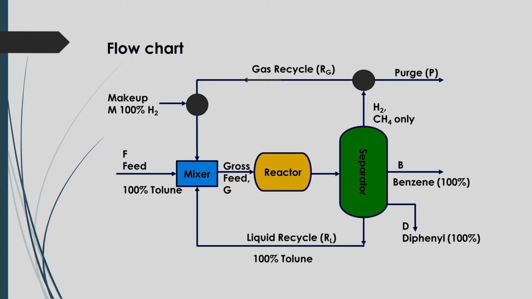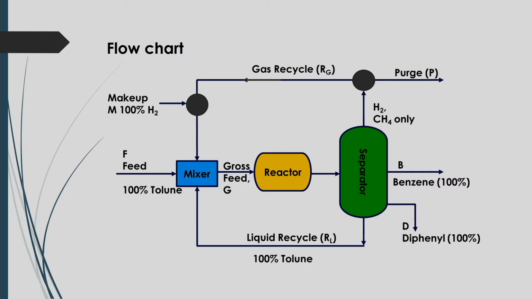Here in this slide, the flow chart of the process is given. See that in the mixer, the feed coming in is pure toluene, and in this mixer some gas also enters as gas recycle along with its makeup, and liquid recycle also enters the mixer.